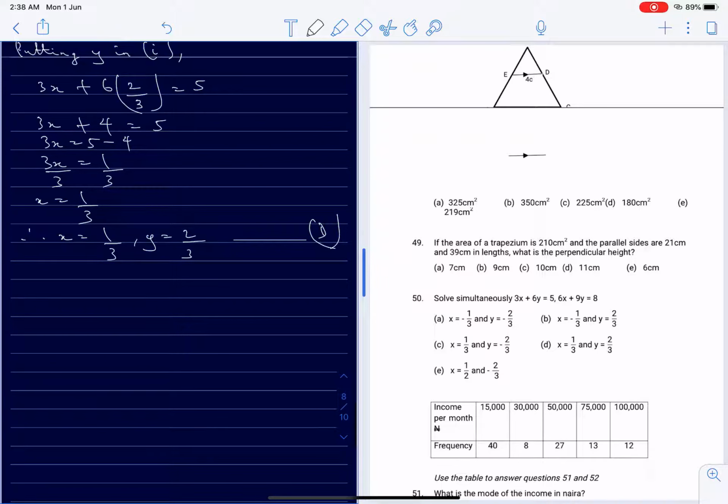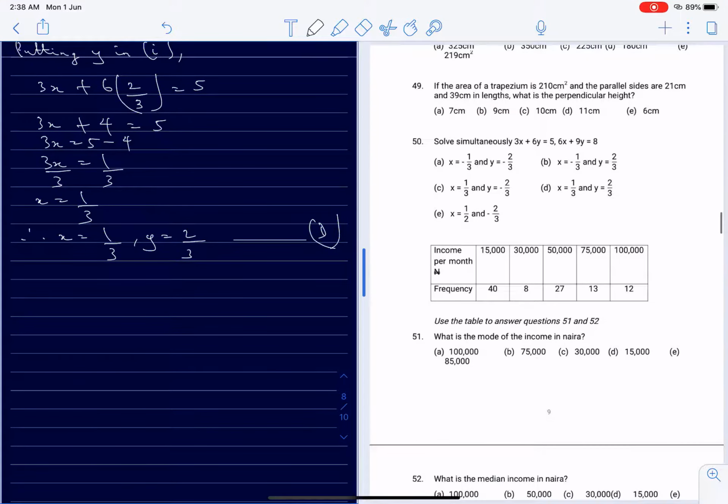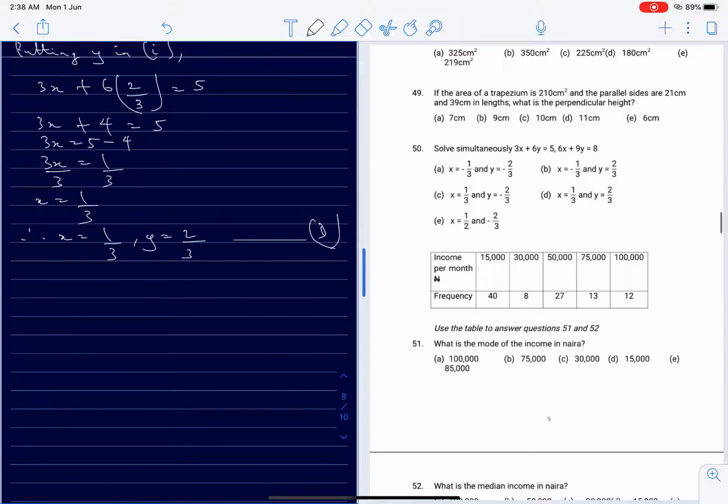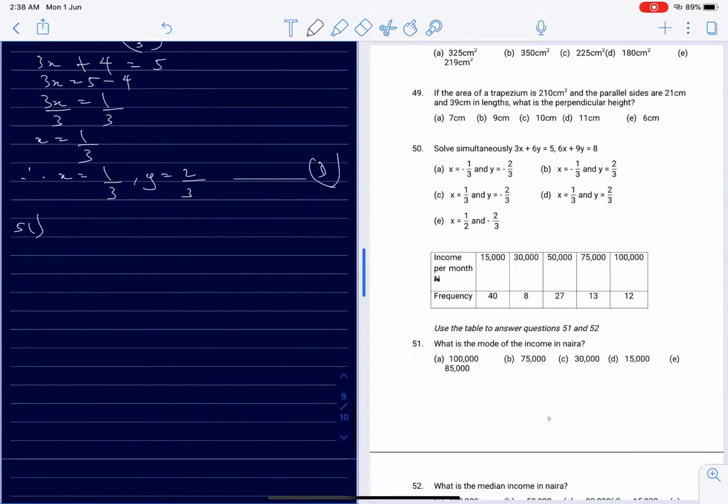So the next, that's number 51. Use the table to answer questions 51 and 52. What is the mode of the income in Naira? Alright, this table is given.